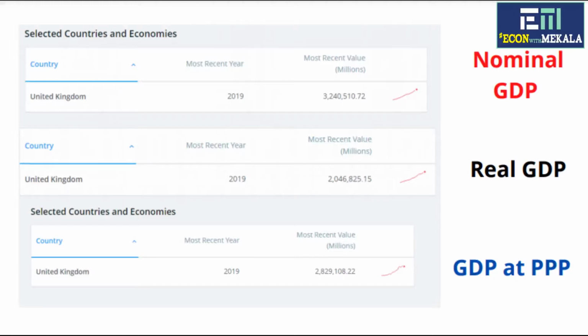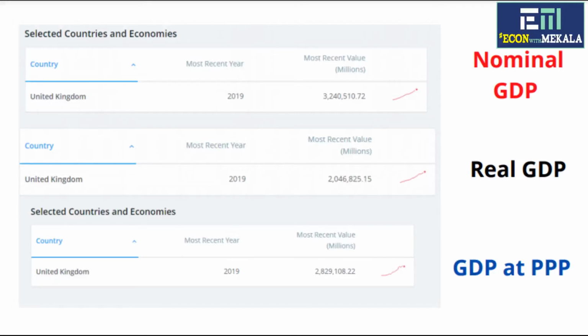What is the meaning of GDP at constant prices, or real GDP? It means GDP of the United Kingdom in 2019 compared to GDP in the base year. So you can see there's a difference between nominal GDP and real GDP. Usually, real GDP is less than the nominal GDP because we are using constant prices compared with a base year.